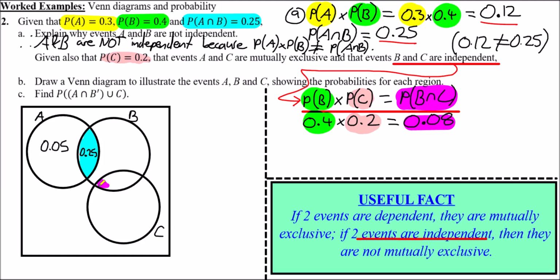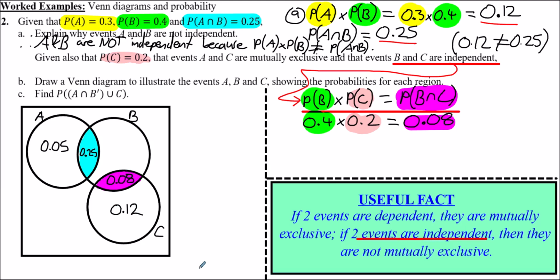So this bit here has to be our 0.08. It did also say that the probability of C altogether is 0.20. This bit here is 0.08, so we need the extra 0.12 down here.